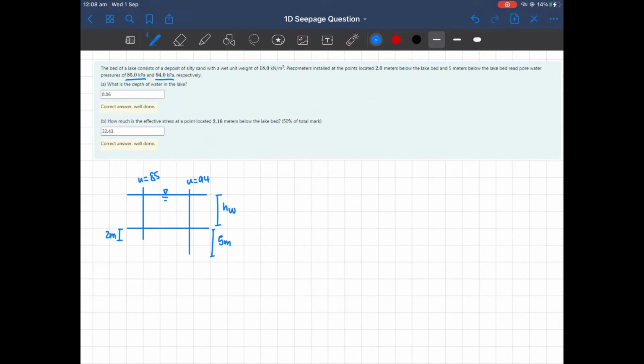Now, we know that pore water pressure varies with depth. This means we can graph the relationship between pore water pressure and depth. So pore water pressure would be going this way and depth would be going this way on this axis. So 0 meters, 5 meters. And we know that at 5 meters, the pore water pressure is around 94.